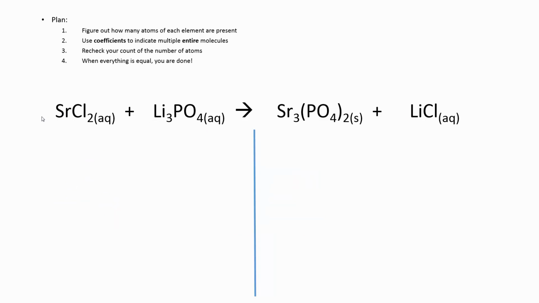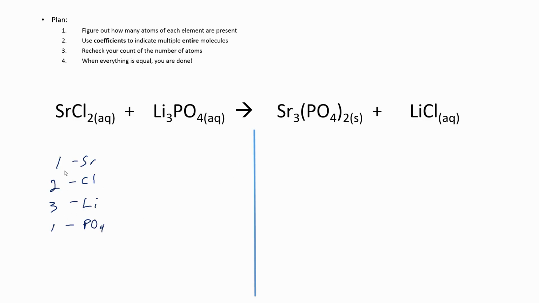Alright, let's try one more and then say that we're experts at this and can go try 100 or so in the homework. Strontium chloride plus lithium phosphate turns into strontium phosphate plus lithium chloride. Sure, the charges change, but we're not going to get hung up on that here. We're just going to push through this and see what we get. 1 strontium, 2 chlorines, 3 lithiums, and the polyatomic stays together, so 1 phosphate, that PO4 with a 3 minus charge.